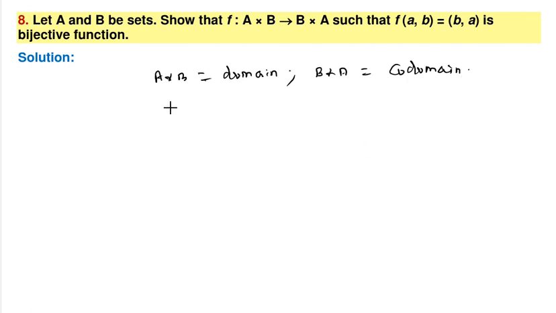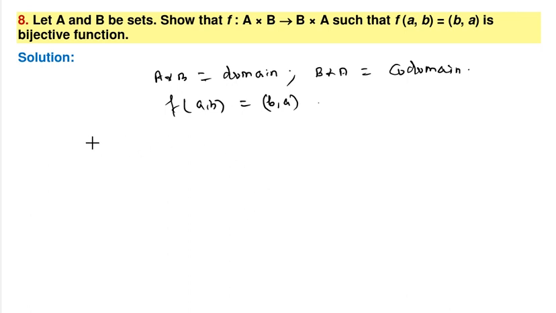What is the mapping given? The image of the pre-image (A, B) is the mirror image (B, A). We have to show that this bijection is 1-to-1 as well as an onto function.